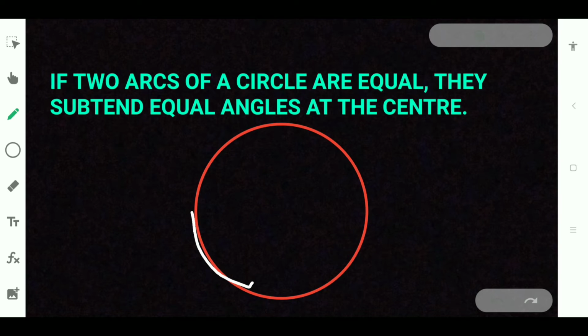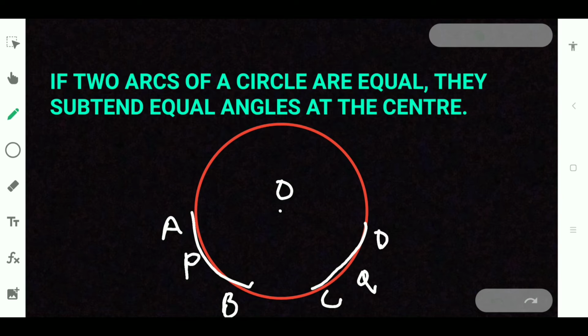Now let us take this arc, center O, and we have to take another arc also. Let us take the same names A, P, B and C, Q, D. As we have done for the previous theorem, the same we will be doing here also.